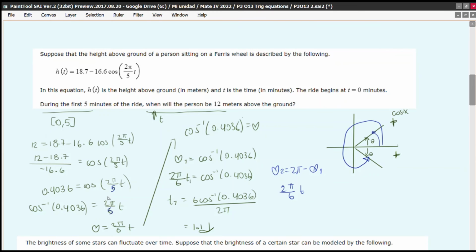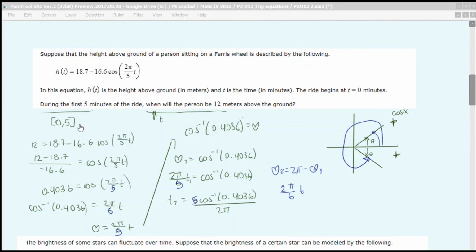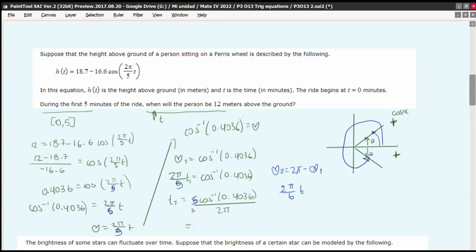This is a 5, this is a 5. So let me change this answer. We have the inverse of this times 5 over 2 pi, so my actual answer is 0.91. So this is a 5 right here.